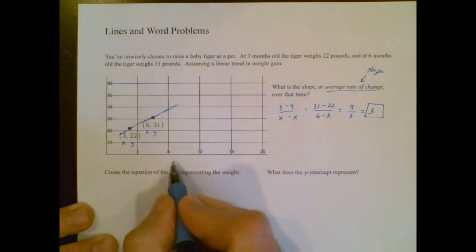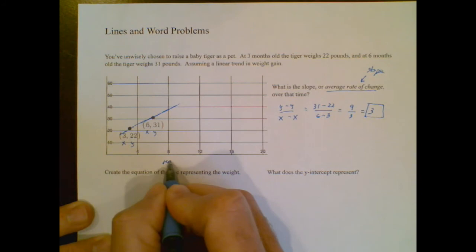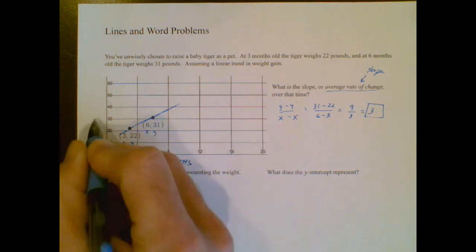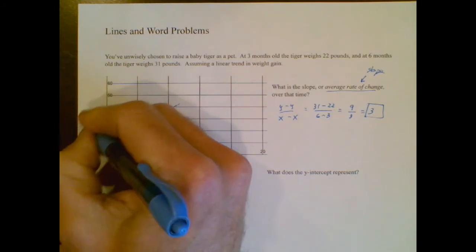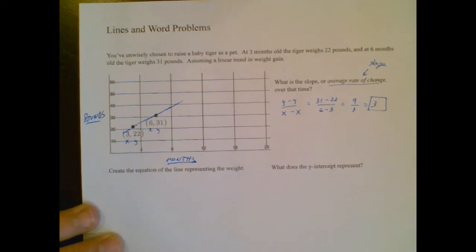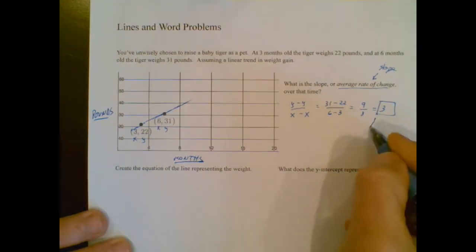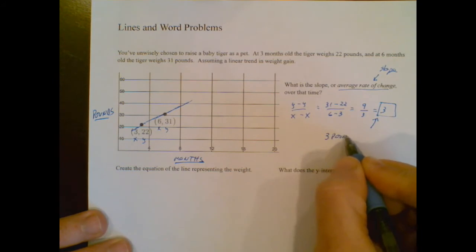In this case, I think about the axes, and this axis is months, and this axis over here is pounds. Okay, so this means the tiger is gaining weight at 3 pounds per month.